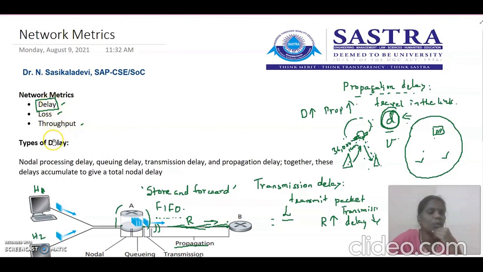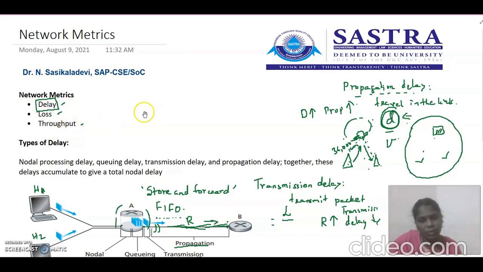In delay in specific, the major role is played by transmission delay and propagation delay. Nodal processing delay is very minimal or negligible.